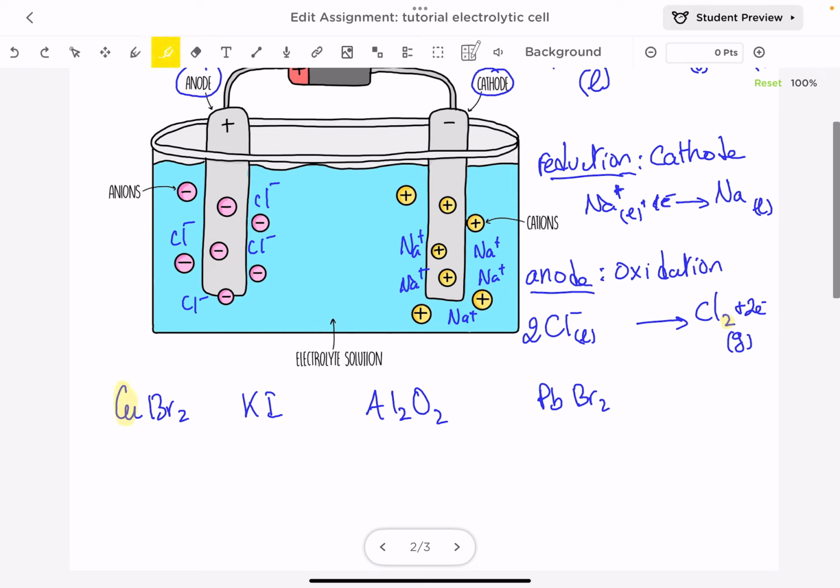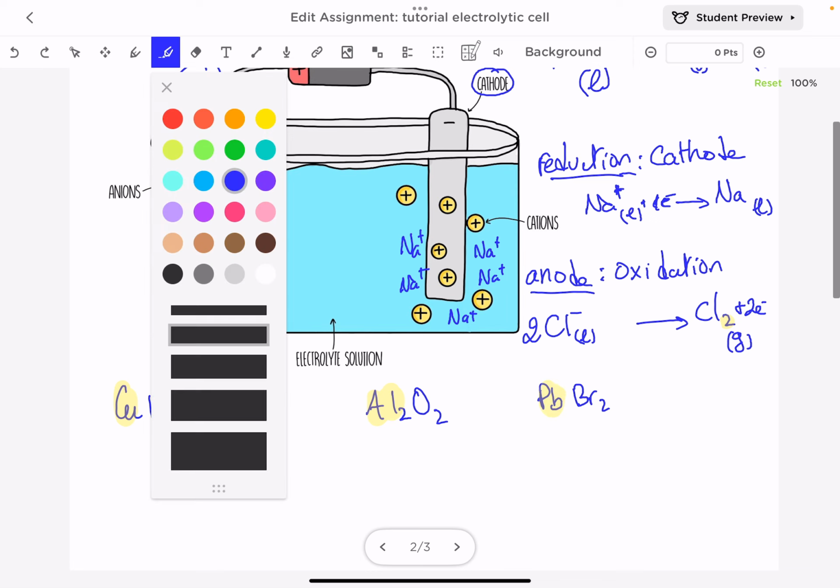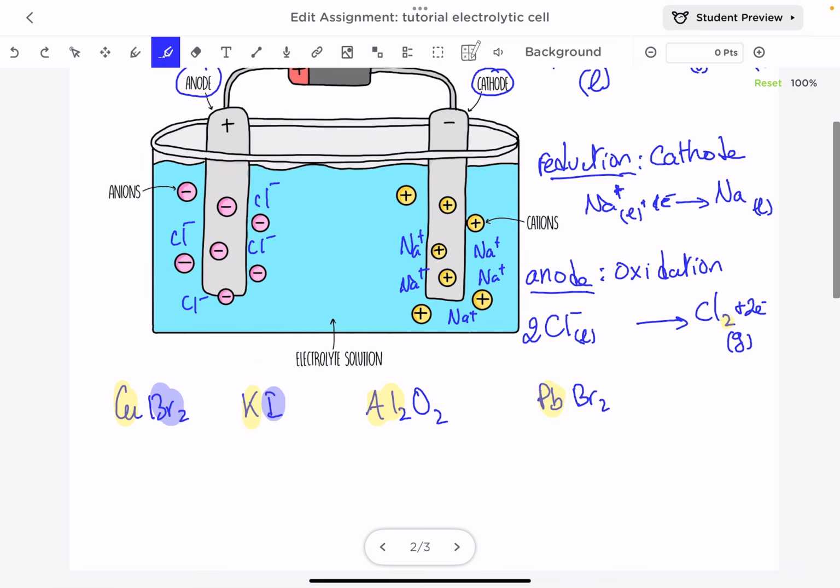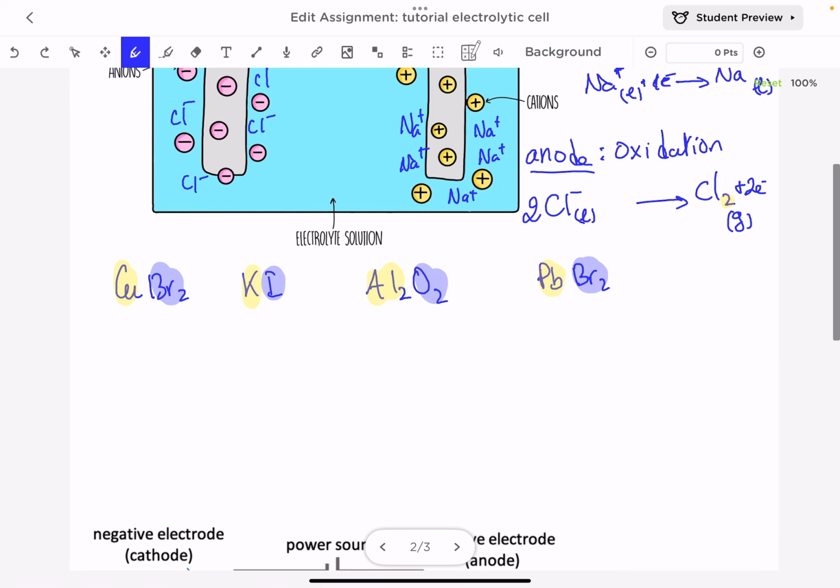The first one is the metal obtained at the cathode, and the second one is discharged in the form of a diatomic molecule at the anode. So in the molten electrolysis of copper bromide, at the cathode we get Cu, and at the anode we get Br2, and so on.